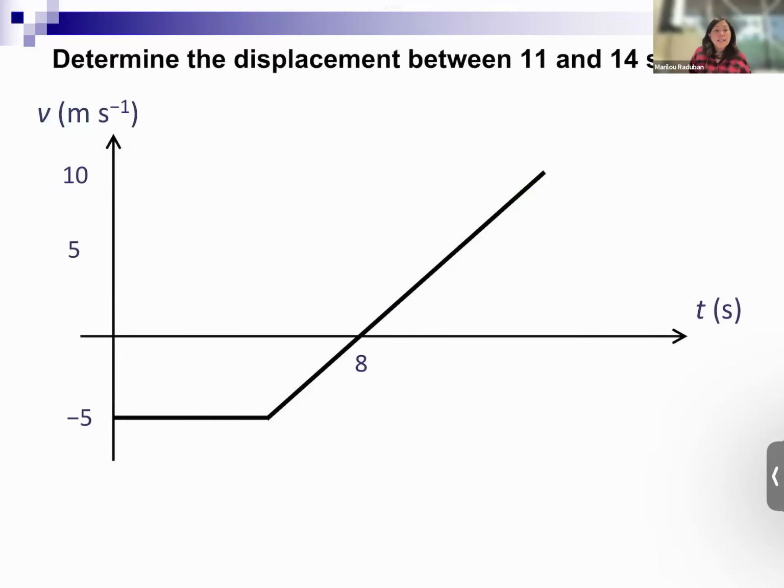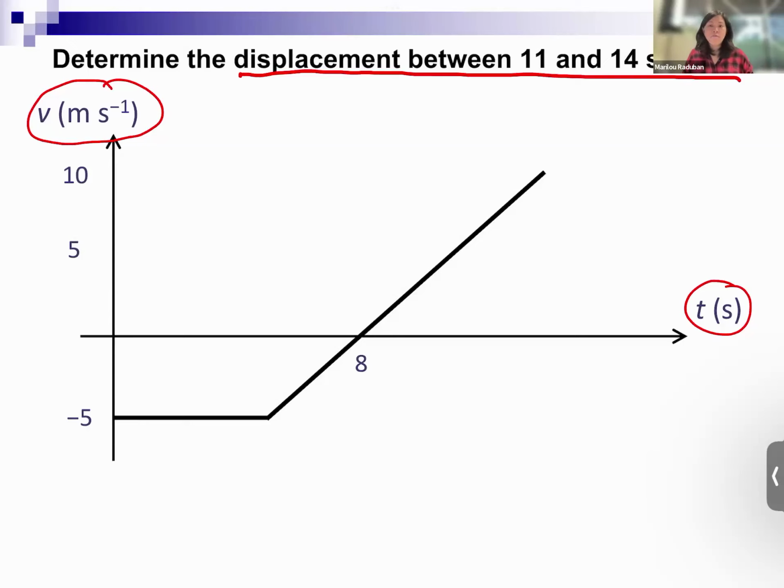All right, so let's look at this example here. You have a velocity versus time graph, which is this bold black line here, which describes the motion of an object. You want to determine its displacement between 11 and 14 seconds.